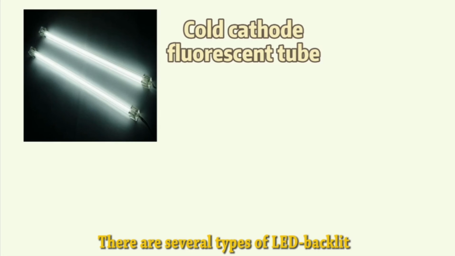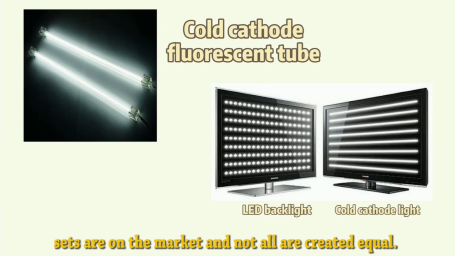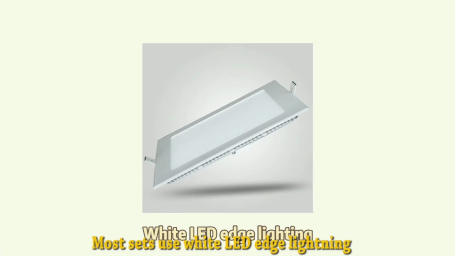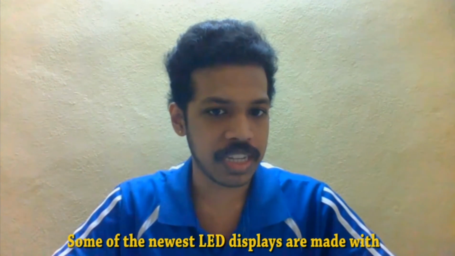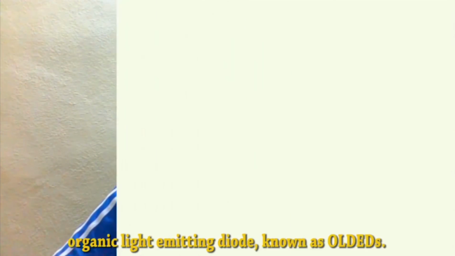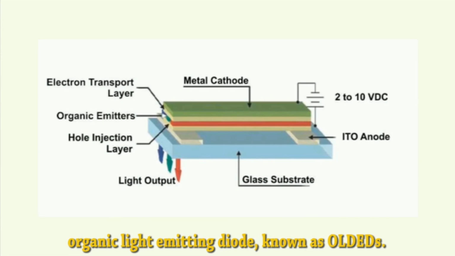There are several types of LED backlit sets on the market and not all are created equal. Most sets use white LED edge lighting to shine light across the display. Some of the newest LED displays are made with organic light emitting diodes known as OLEDs.